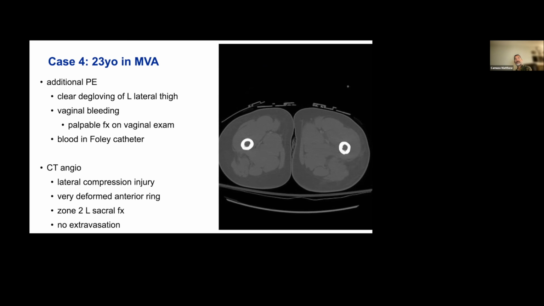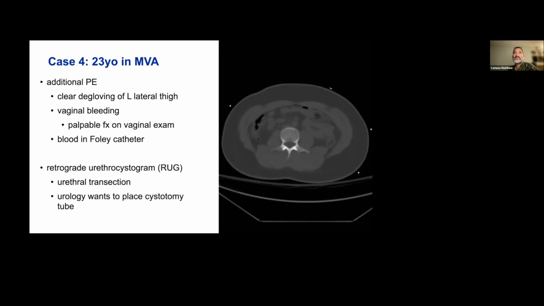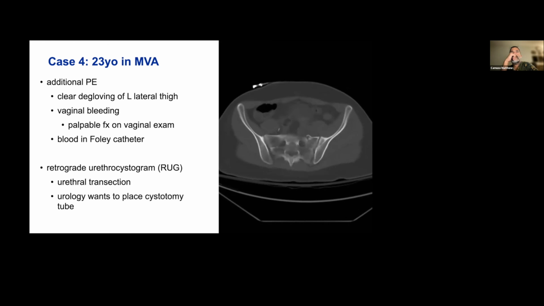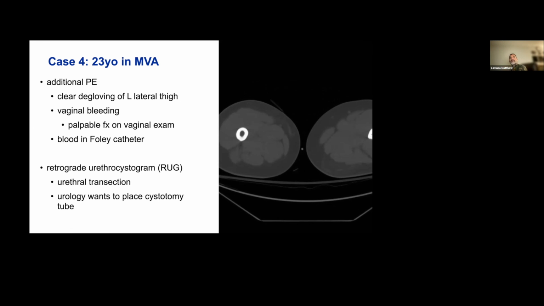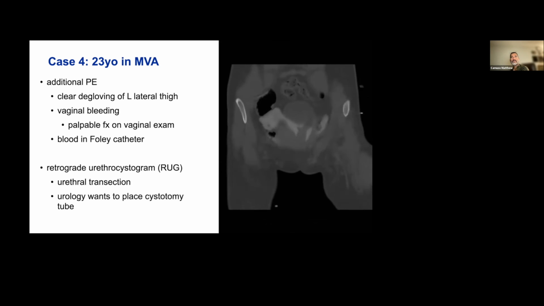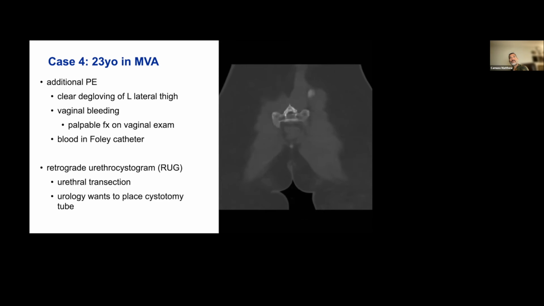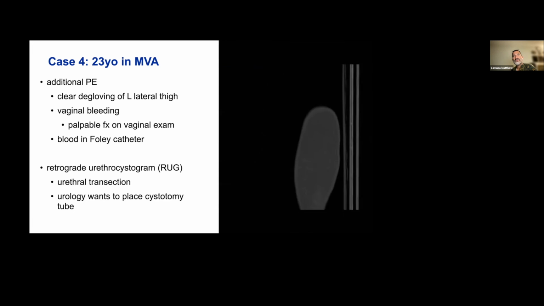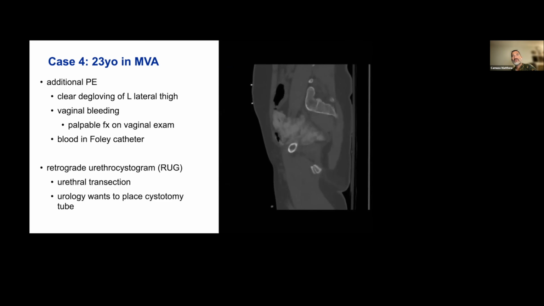In addition to the parasymphyseal fractures in the front of the ring, they don't see any extravasation elsewhere, which is good for her. She does, because she has blood in her Foley, undergo a retrograde urethragram. And if you can see these images, you see 2 densities. There's one that appears to be adjacent to the Foley, and then one that appears to be in the bladder.